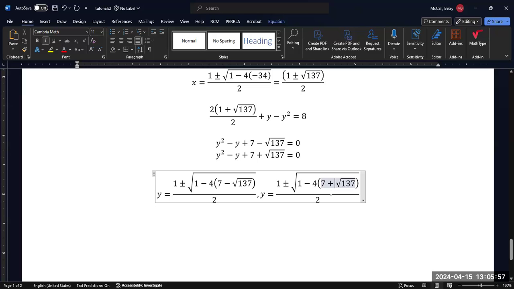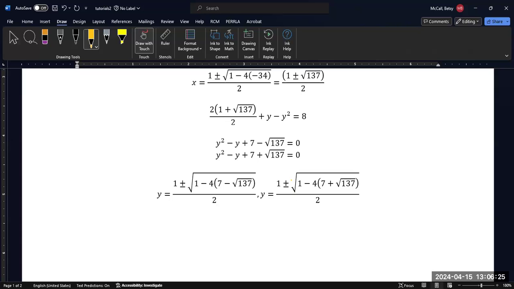But on the other square root, I'm not going to get a positive answer, because this expression right here is basically like 18. And if I multiply that by 4, that's definitely going to give me a negative number under the radical, basically. So what I'm going to say is this one is out, because it's going to give me unreal solutions.